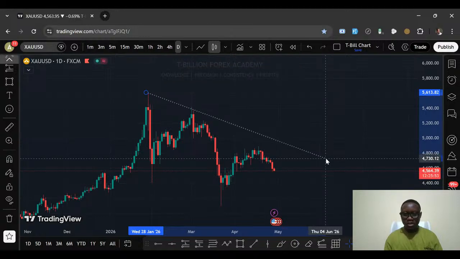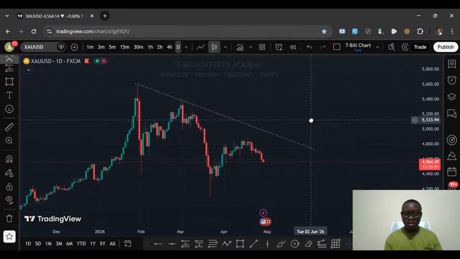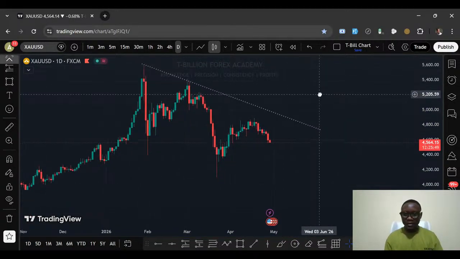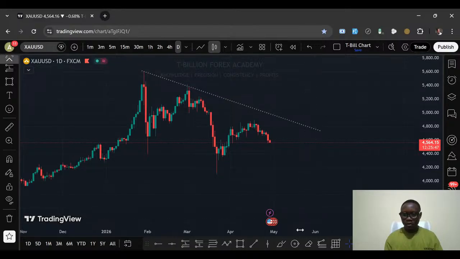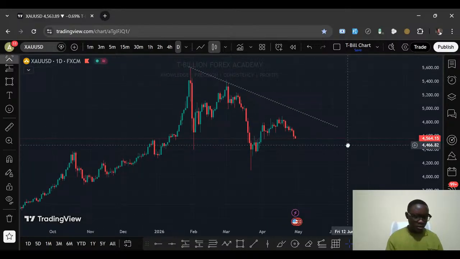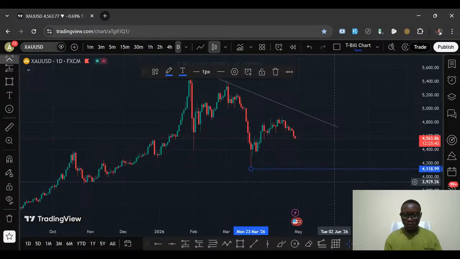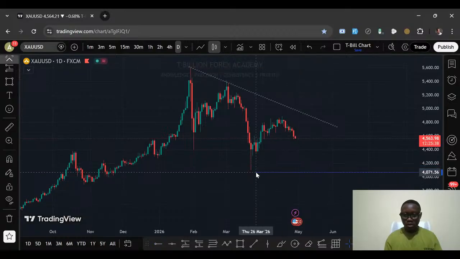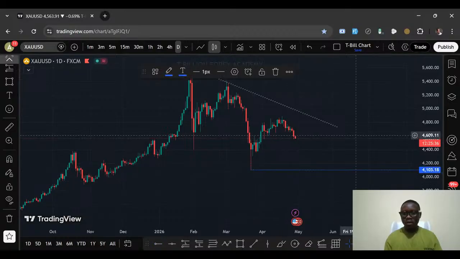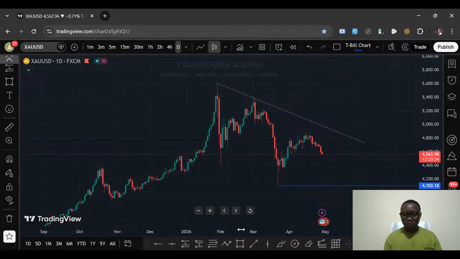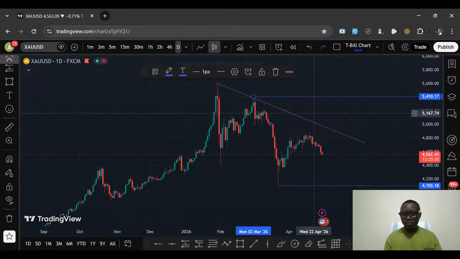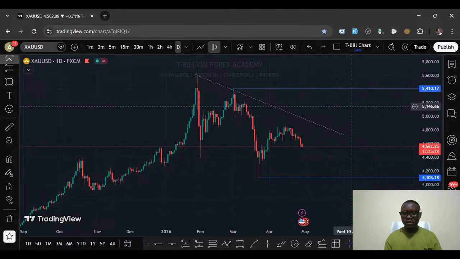Anyone could look at this and confirm it's bearish. And we have our external liquidity marked here. These are buy side liquidity, these are sell side liquidity, and here's our buy side external liquidity.